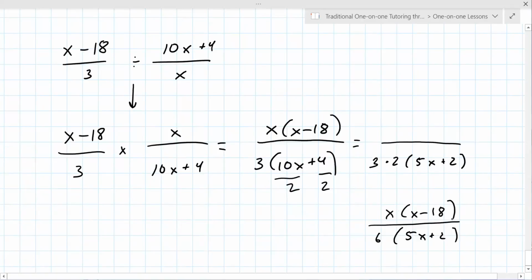So see if that is any better. Make sure your parentheses are in the right place. Okay. Yes, it did like it.